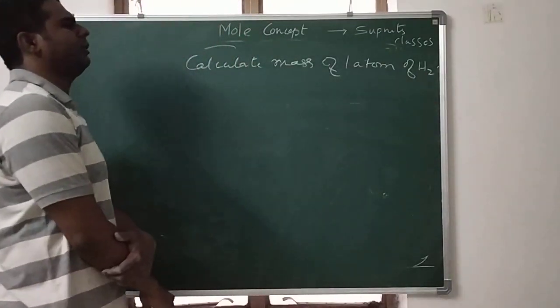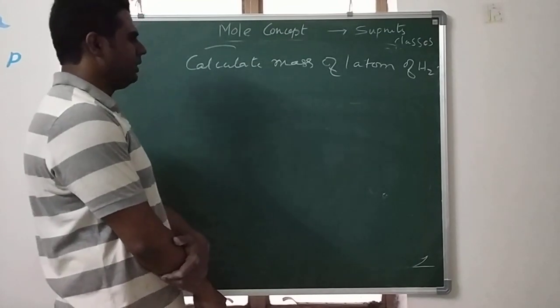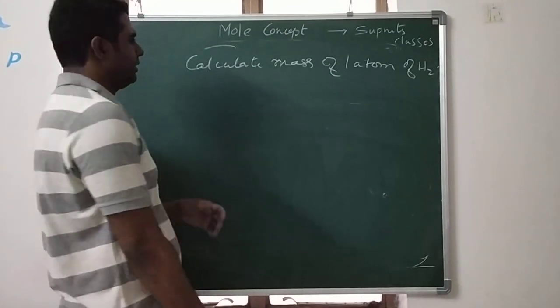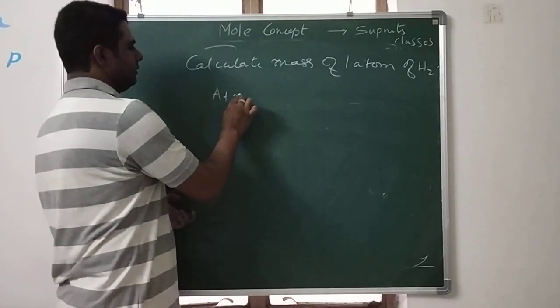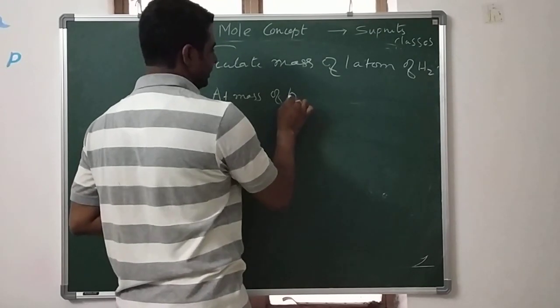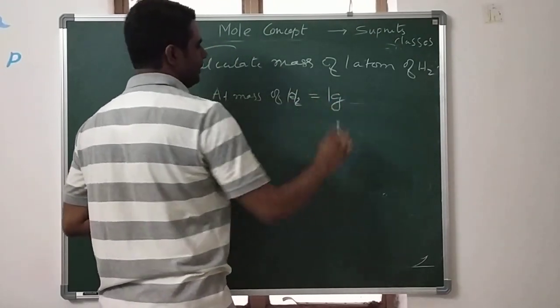Calculate the mass of one atom of hydrogen. How do you calculate it? First of all, what is the atomic mass of hydrogen? You know the atomic mass of hydrogen. So for one atom, 1 gram.